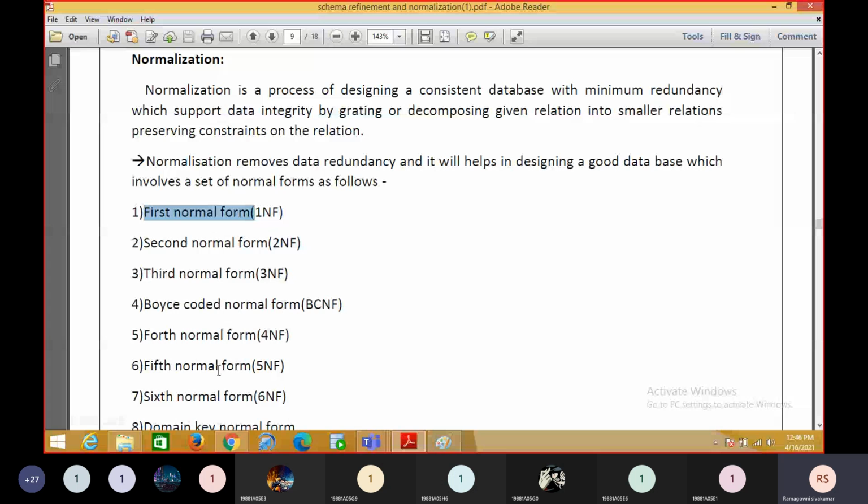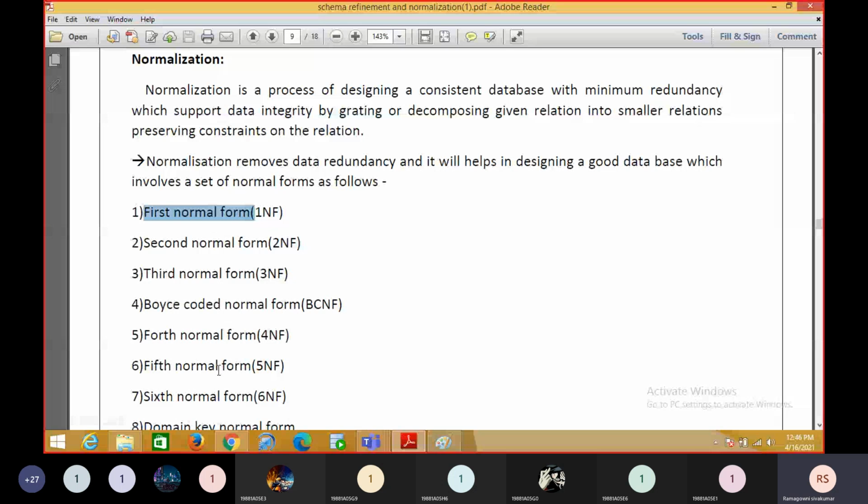What is a normal form? We can define a normal form here. A normal form is a set of rules to perform decomposition.